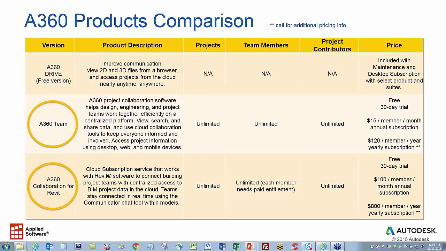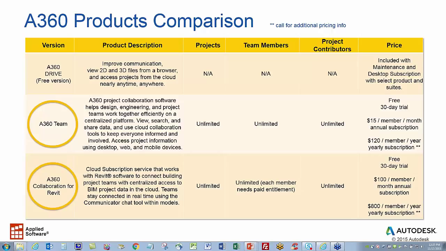So the great thing about A360 Team is that it opens up the platform for any file format from any Autodesk product or even competitive products such as SketchUp or CATIA, plus the whole suite of solutions from Autodesk like Revit, AutoCAD, 3ds Max, and Inventor.